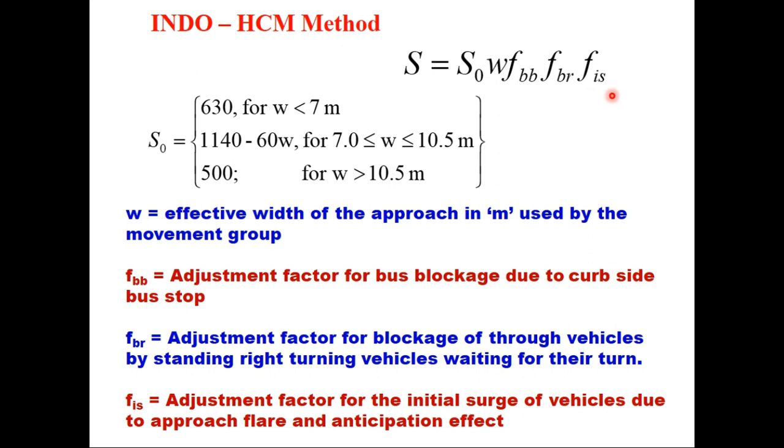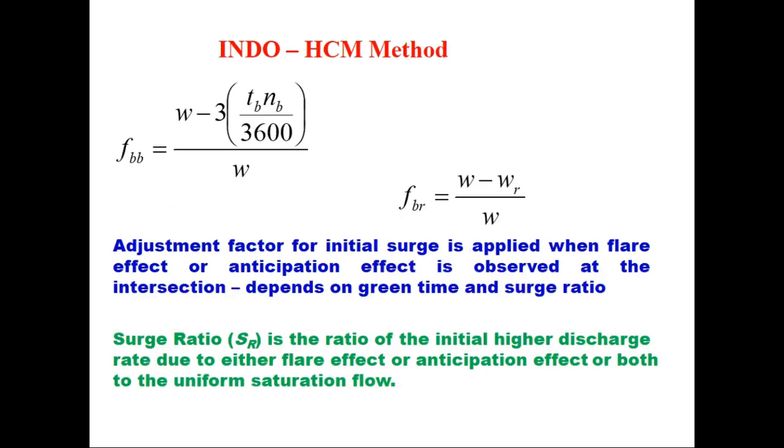Now this is particularly important when you have a high proportion of two-wheelers. Practically, if you see an intersection, all these two-wheelers come to the stop line through zigzag movement in the approach, and they start moving immediately after onset of the green. That is the initial surge. This is to be estimated.